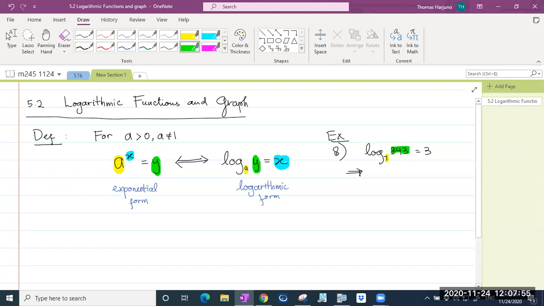We call this the argument. The argument of log is the answer in exponential form, while the answer for log is the exponent. So in exponential form, this would be 7 to the power of 3 equals 343. Base to the exponent equals the argument.